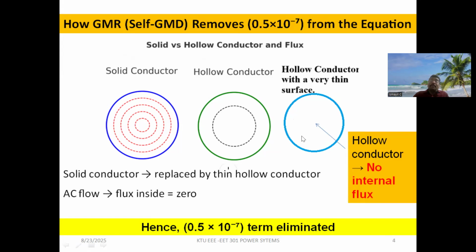Since there is no current, there is no internal flux inside this conductor; it will be equal to 0. Hence there is no magnetic flux linkage, and no inductance associated with the inner portion of the conductor in the transmission line. So we can simply eliminate 0.5 into 10 raised to minus 7.